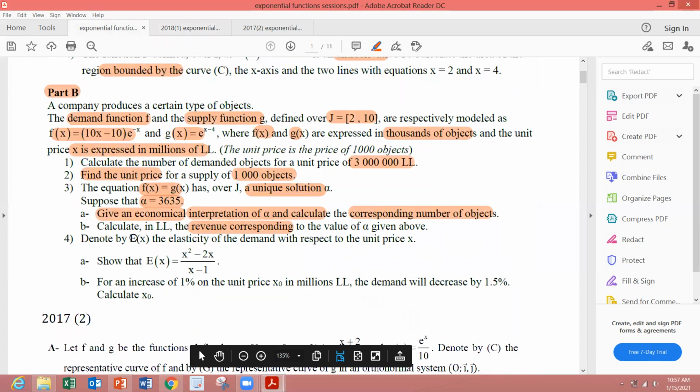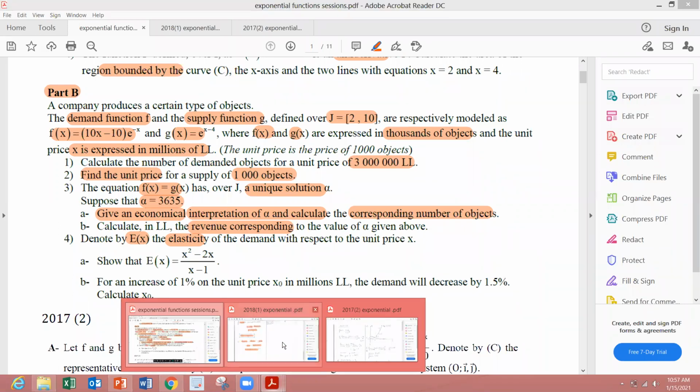Denote by E(x) the elasticity. What is the rule for elasticity? E(x) equals minus x times D prime of x over D(x).